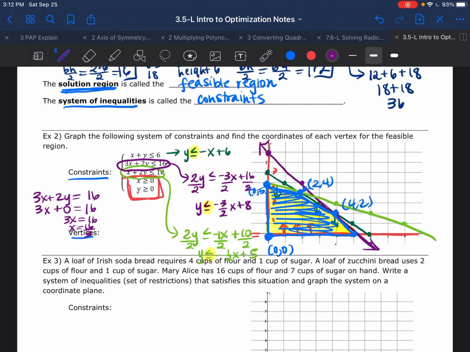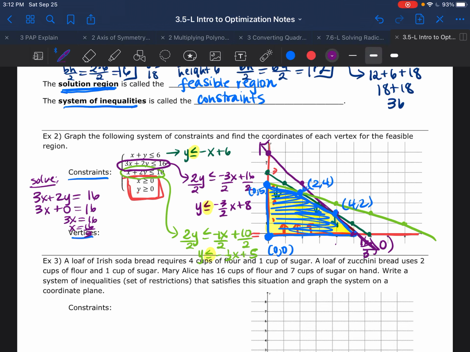So 16/3 would be that point right here of our region. Okay, so on a test, make sure you have an exact point, and if you don't have an exact point, you need to solve for the x-intercept. All right, so those are our 5 vertices.